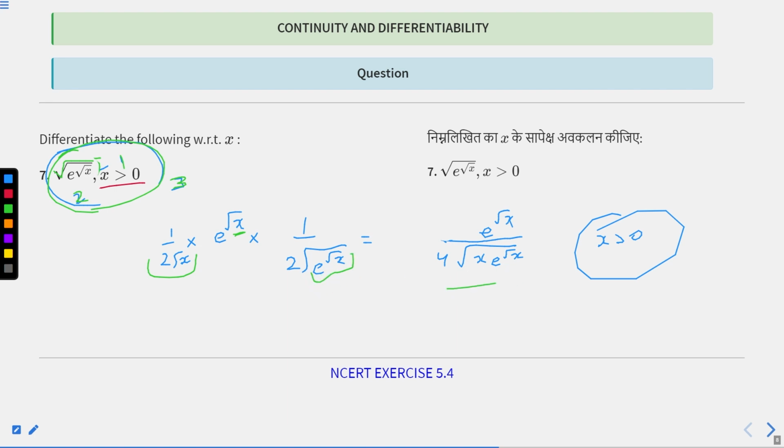Now we simplify it and you get your answer, and here you must have this condition. If x is 0, then the denominator will be 0. That's why you didn't take 0 here, that's why you are taking x strictly greater than 0. Okay, clear? Simple.